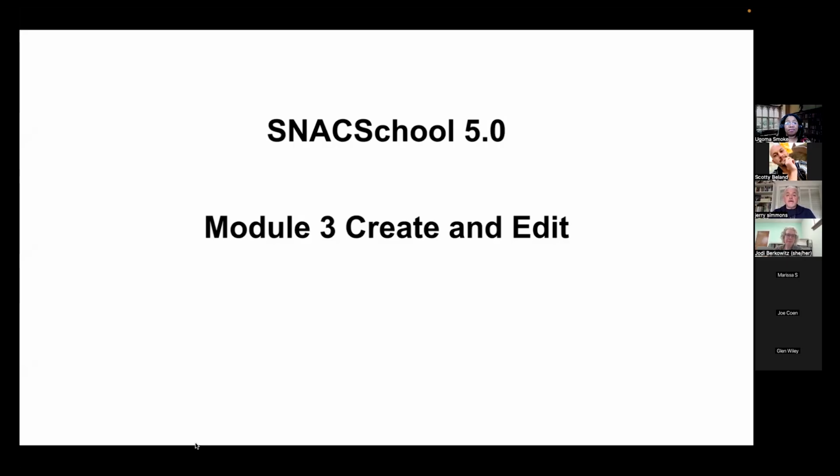As we mentioned already today, we are now officially kicking off version 5.0 of the training program. So this is module 3, create and edit. In the lead up to SNAC school, you were all presented with a spreadsheet of person names and corporate body names, and in some cases family names if you chose to do one.